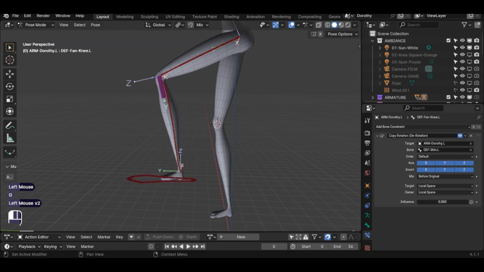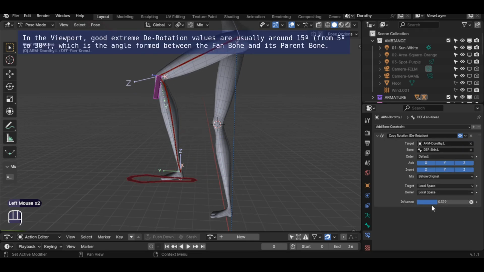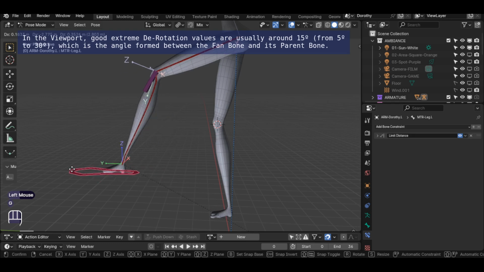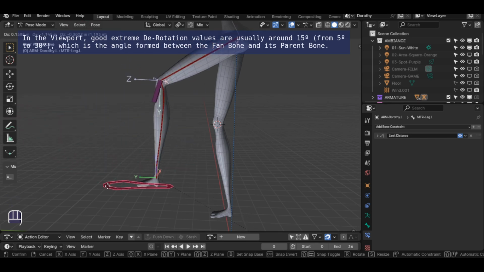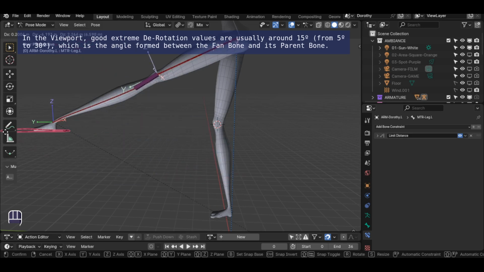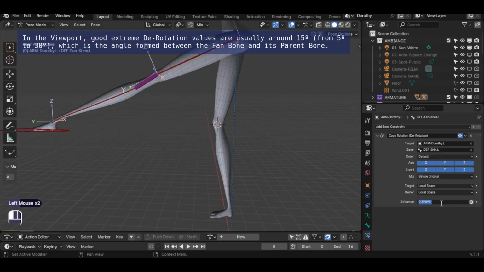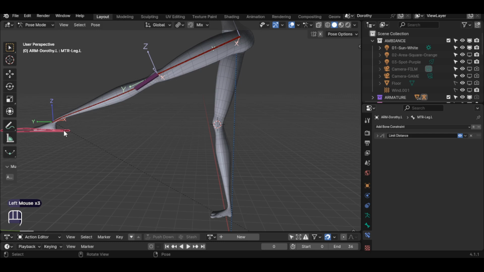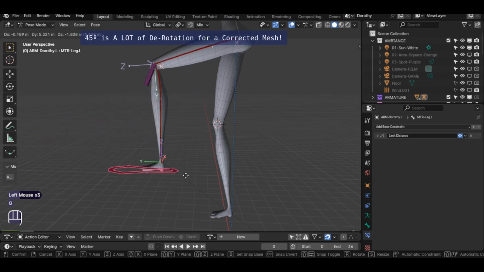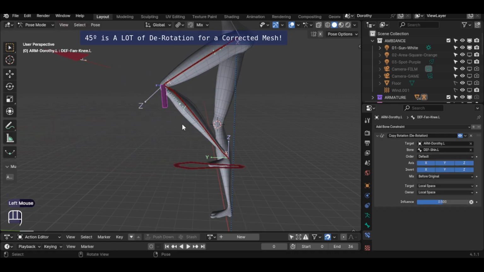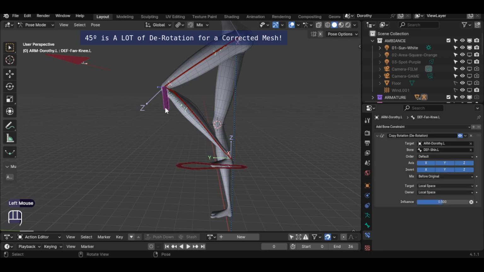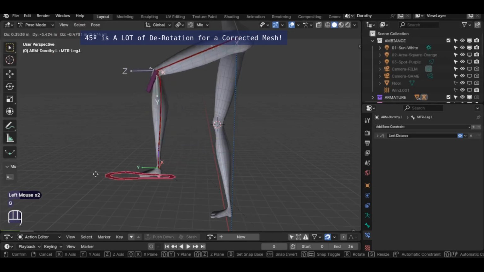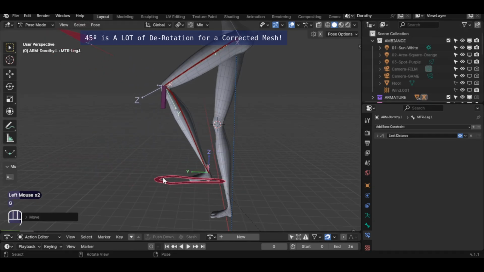However, having it at a different degree of influence here, I can have a proportional derotation. So for example, 0.5 is 50% derotation of the fan bone. You see an angle here of 90 degrees, so the fan bone is half derotating, it's lagging behind, right? So it's 45 degrees there.